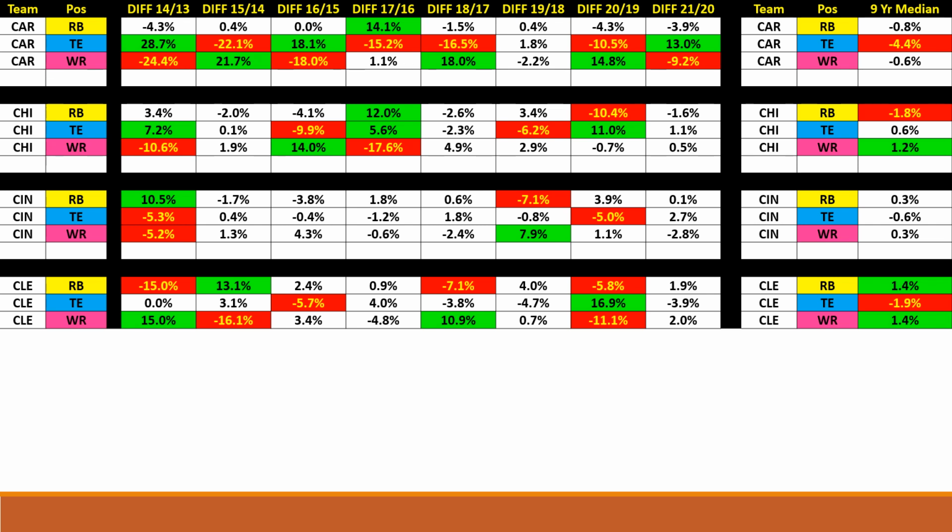It's very interesting. Look at all the changes over time there. Chicago went down a little bit in their targets. Part of that, I think, was Montgomery and Khalil Herbert. Fields wasn't passing a lot to the running backs compared to what he's done.